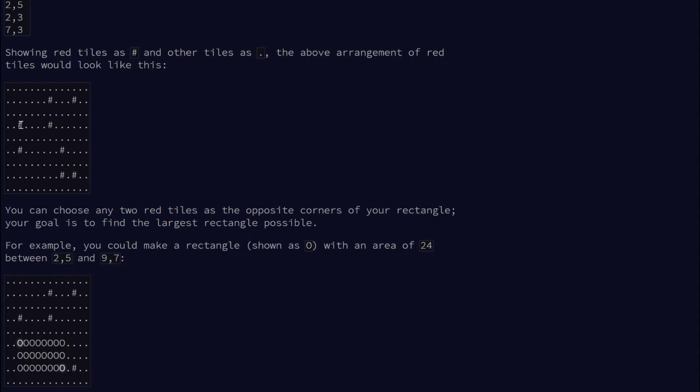So, if the direction that I'm turning is the same as the direction I'm tracing the shape, like this is a clockwise shape that I'm tracing, and if I'm making a clockwise turn, then this point is convex.